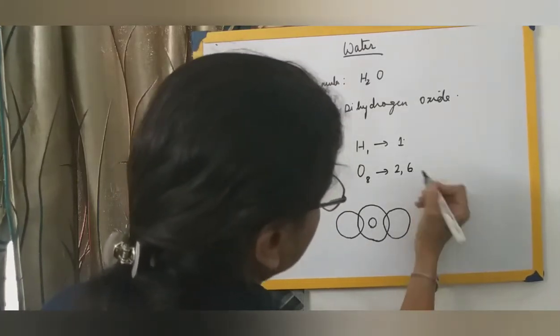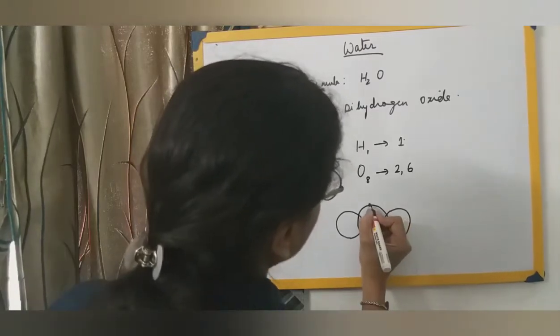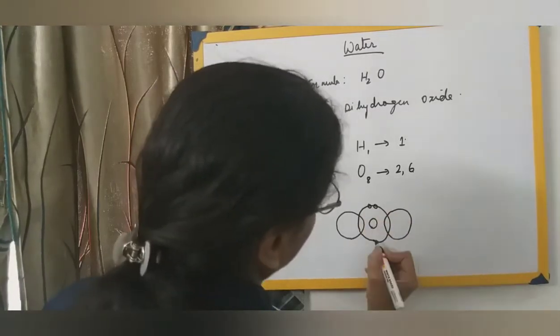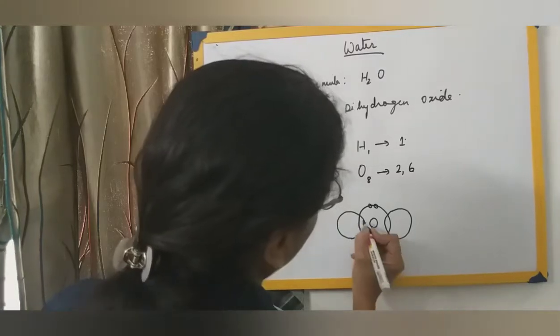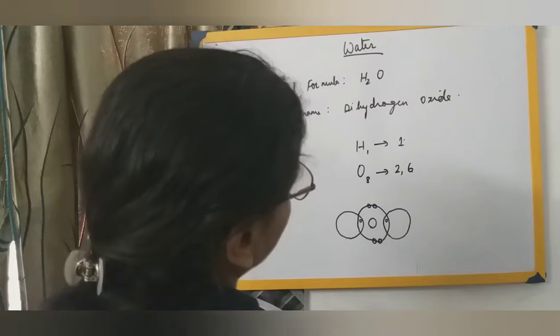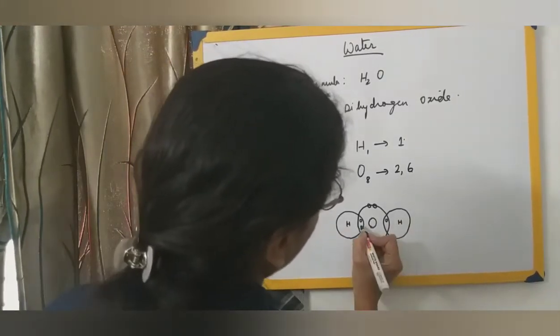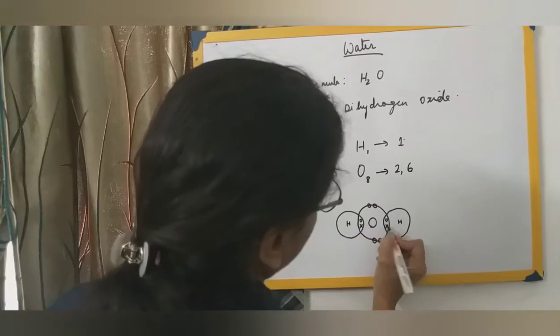Oxygen has 6 electrons in the outermost shell, so we'll place 6 electrons: 1, 2, 3, 4, 5 and 6. What about hydrogen? Each hydrogen has 1 electron, so we'll represent it with a cross.